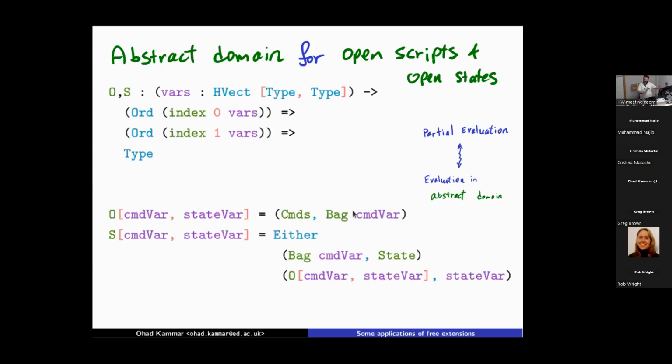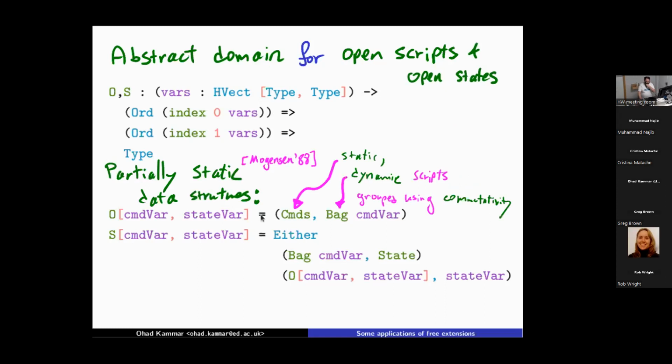Move together all the concrete commands, partially evaluate them with a closed partial evaluator, and keep track of the bag of variables that the script mentions. And what's an open state now? Well, it's one of two things. So this is the open script. It has two parts, the static part and the dynamic part. This is called a partially static data structure.